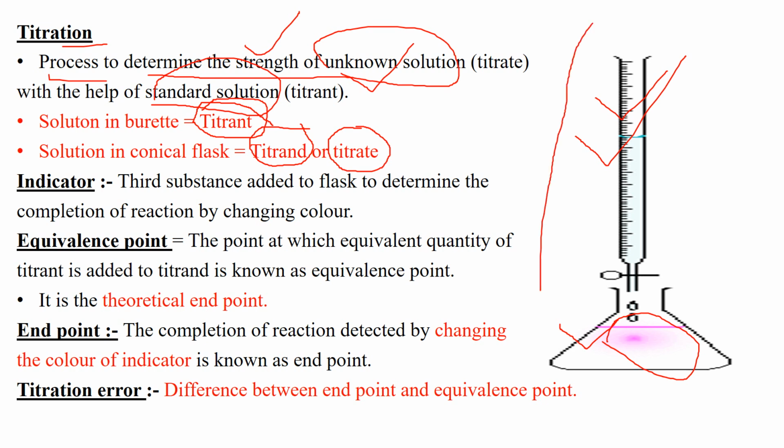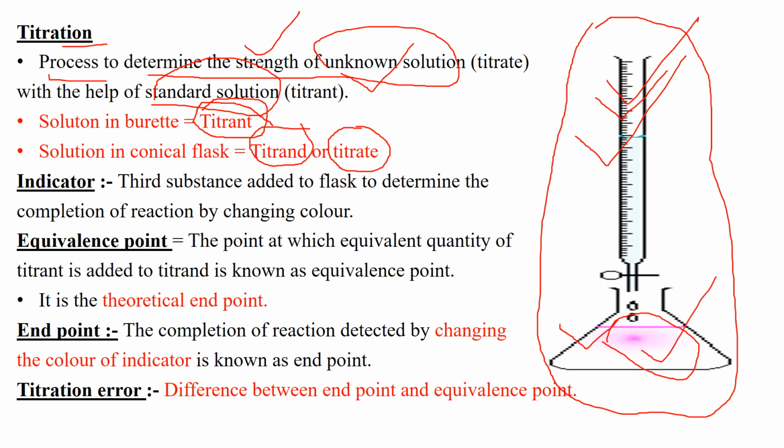So this is the general instrumentation of the titration process. This one is the burette and this one is the conical flask, and the solution kept inside the burette is the titrant, and the solution kept in the conical flask is the titrand.